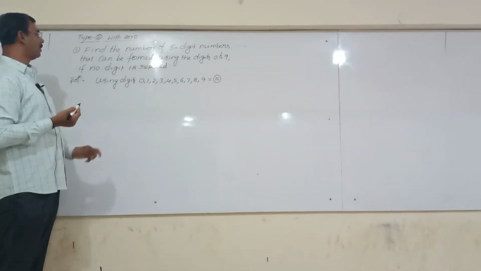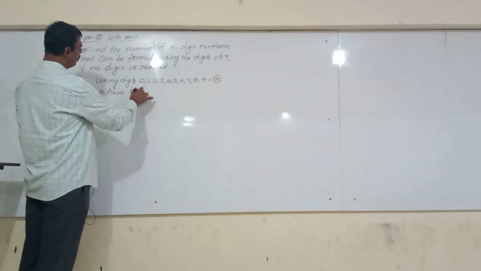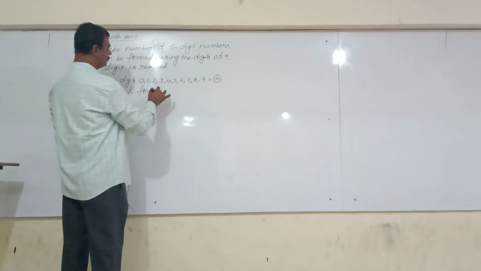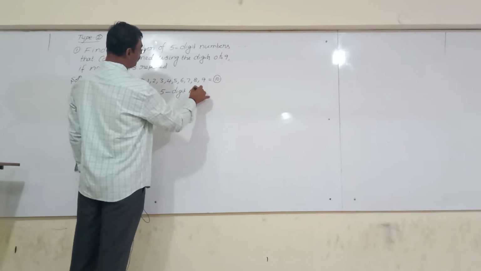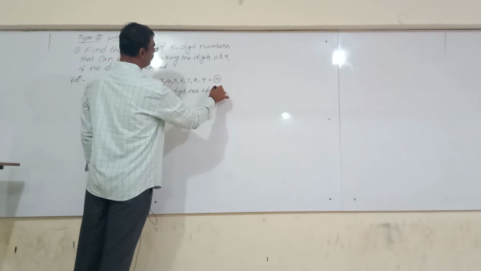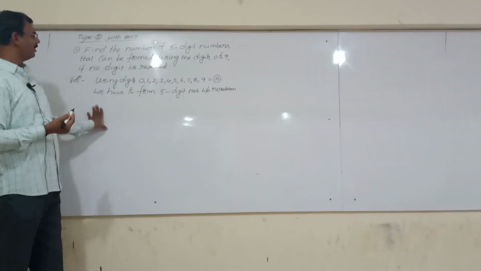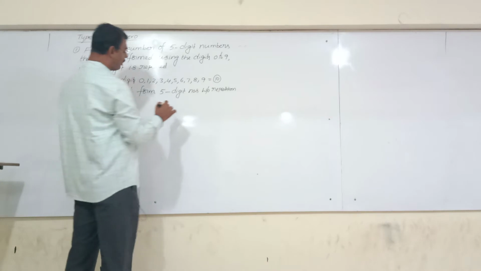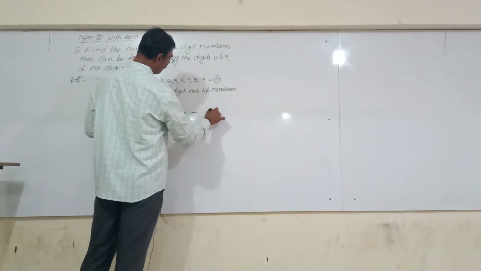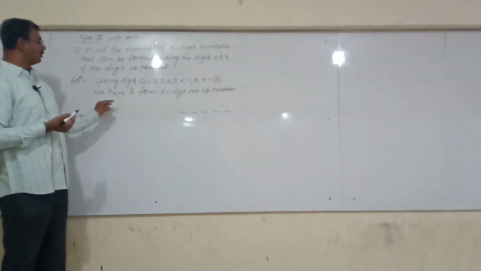Now we have to form which number? 5-digit numbers without repetition. So 5-digit numbers means how many positions do we create? We have to create 5 positions: 1, 2, 3, 4, 5.